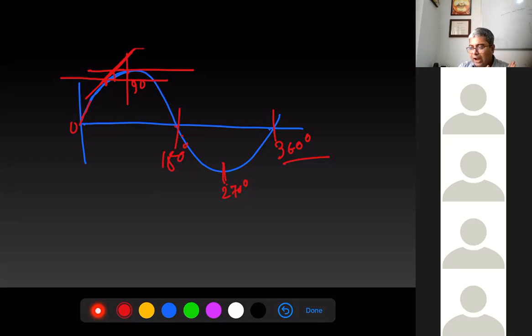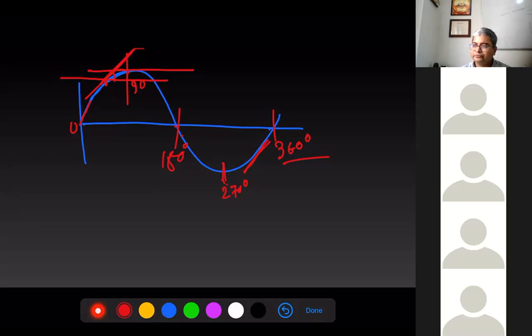Or when the signal is traversing, its phase angle is also changing from 0 to 90 degree, 90 degree to 180 degree, 180 degree to 270 degree, 270 degree to 360 degree. मान लो इस जगह पे अगर हम लोग ड्रॉ करेंगे कोई भी tangent, if I want to know what should be the phase angle, then its phase angle should be in between 270 to 360 degree.